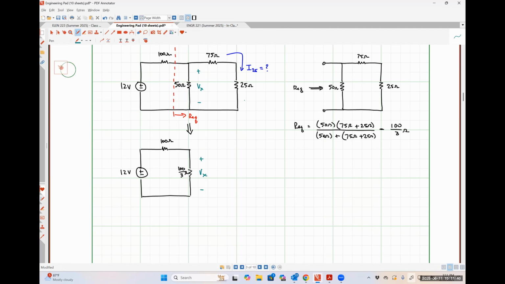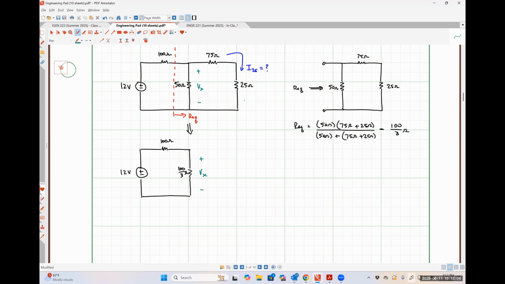Okay. So finding this voltage Vx will allow me to solve for that current I-25 pretty easily, because I-25 is just going to be Vx over 100 ohms, okay?